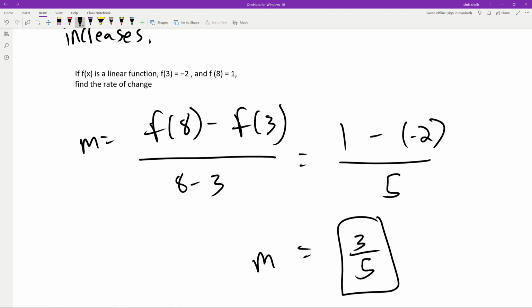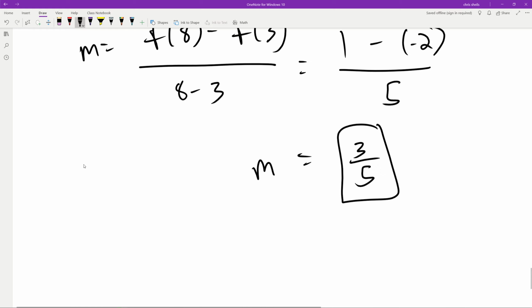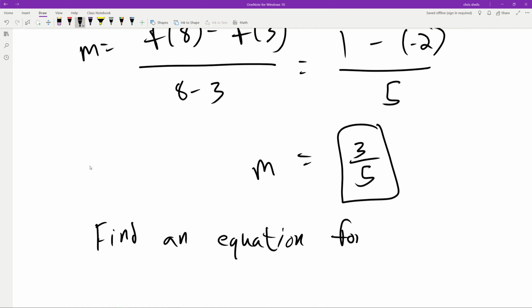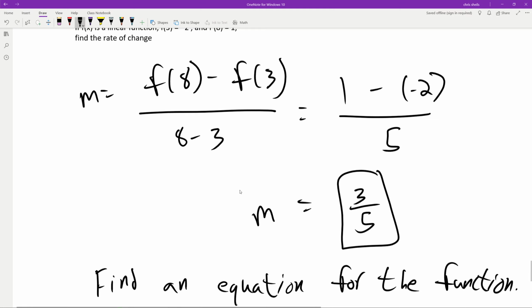And let's go ahead and use this information to find an equation for the function. So I found this slope.